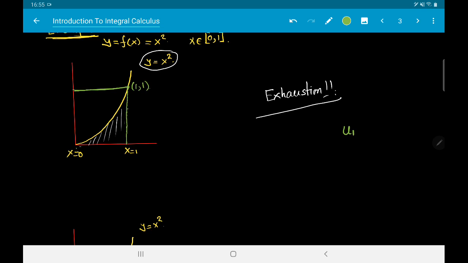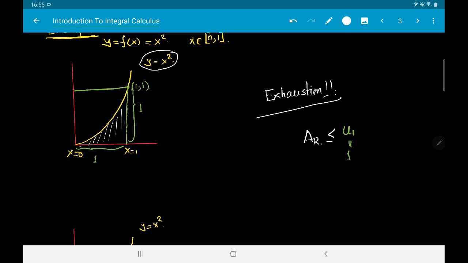So this rectangle has base of length 1, and height of the rectangle is also 1, so u1 is exactly equal to 1. And since our region is contained inside this green rectangle, we can say by our second axiom that the area of our region is less than or equal to u1.